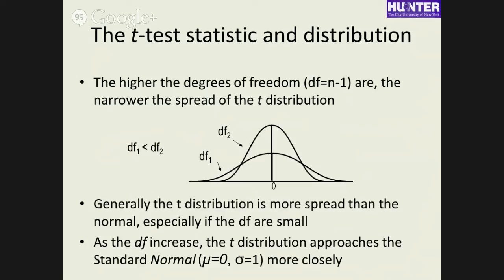If you had 1 data point and your standard deviation, you can figure out what the other data point was. That's why it's 1 degree of freedom. If you know the t statistic and it was calculated from just 2 data points, then you can figure out what the other one is.